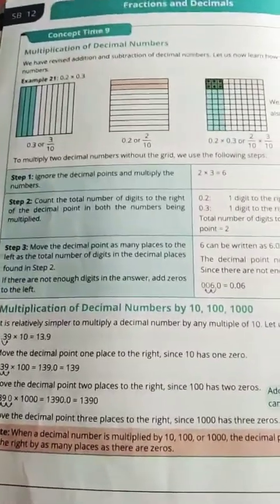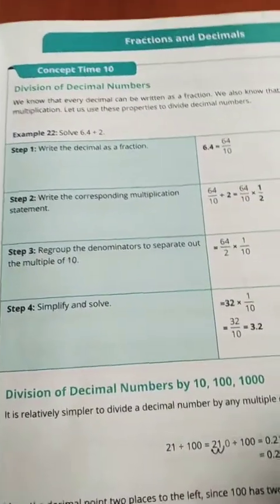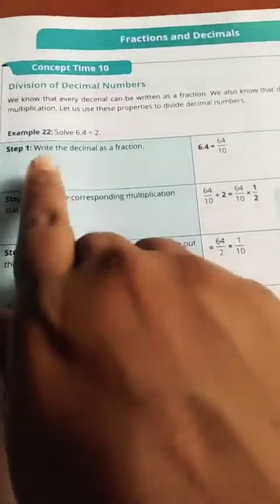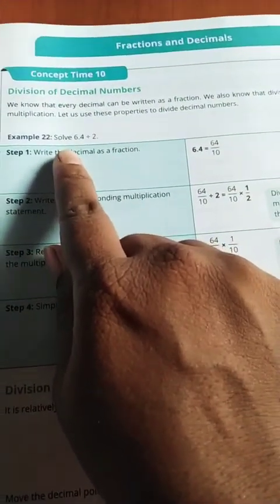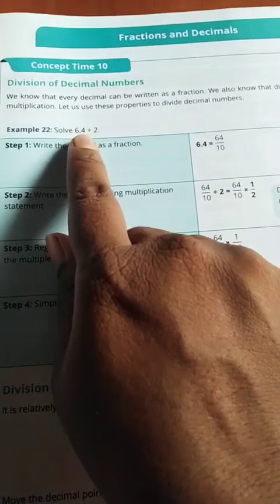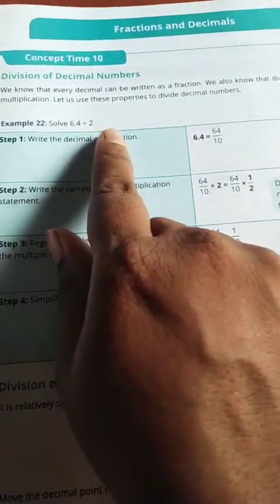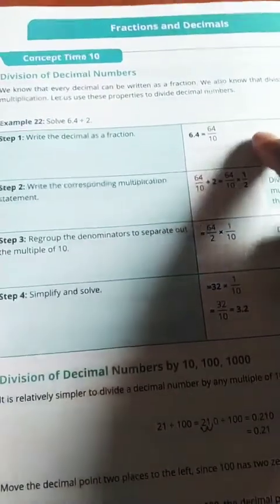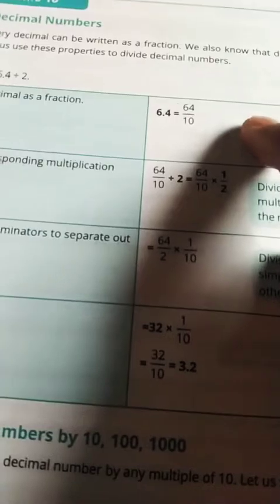The next concept is division of decimal numbers. This is also like our normal division. So, you can divide 6.4 by 2. 6.4 is written as a fraction as 64 by 10.